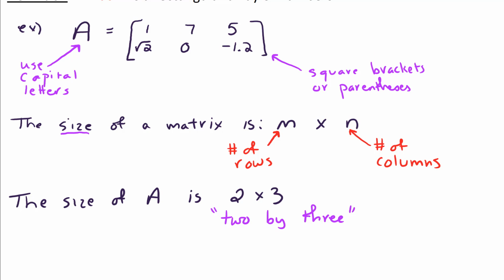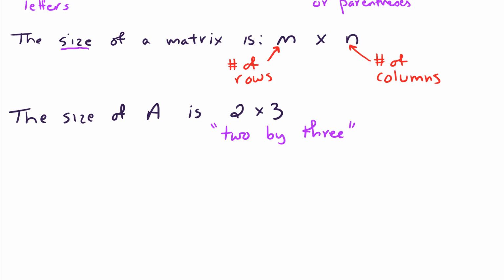So let's do another example just to make sure we're comfortable with this. Let's look at matrix B, capital B for matrix, and we're going to have one big column here, and the entries in this column are going to be 1, 2, and pi.